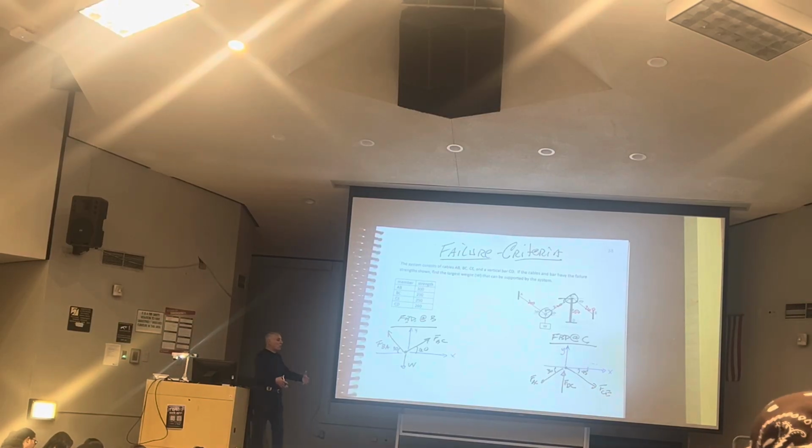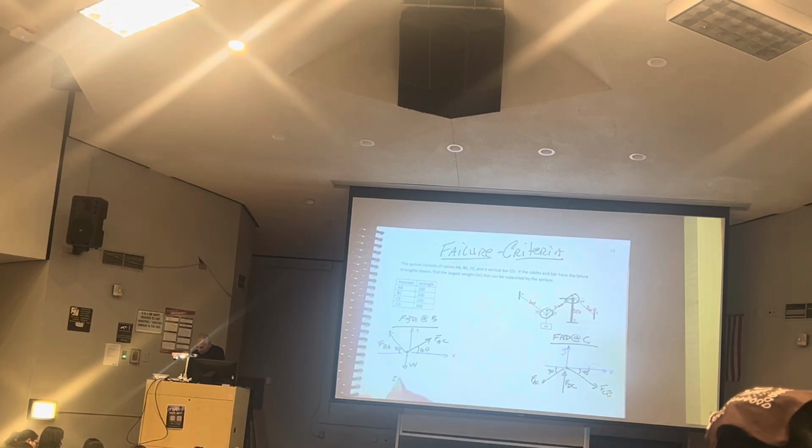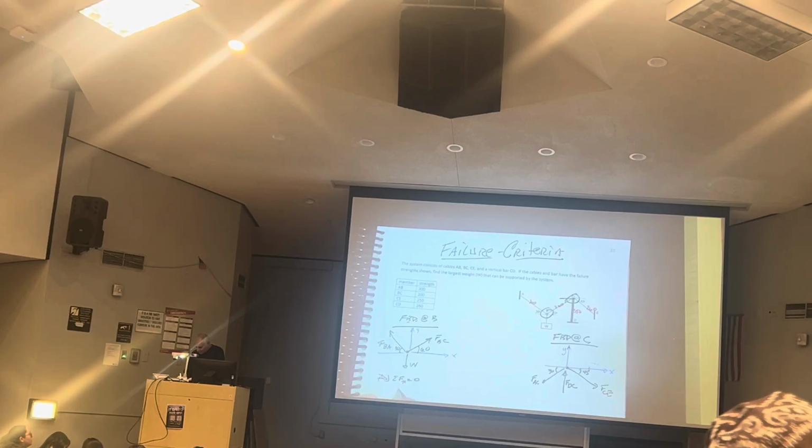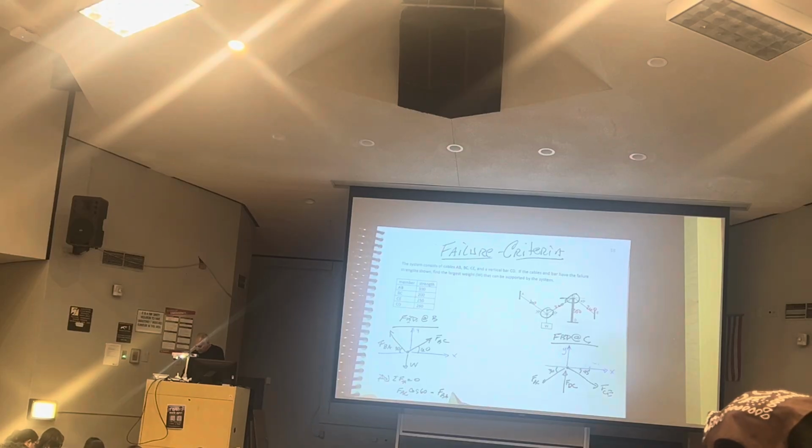Now, just write your equations of equilibrium. Great, let's do that. Sum of forces in the X equals 0, positive to the right. FBC cosine 60 minus FBA cosine 30 equals 0.